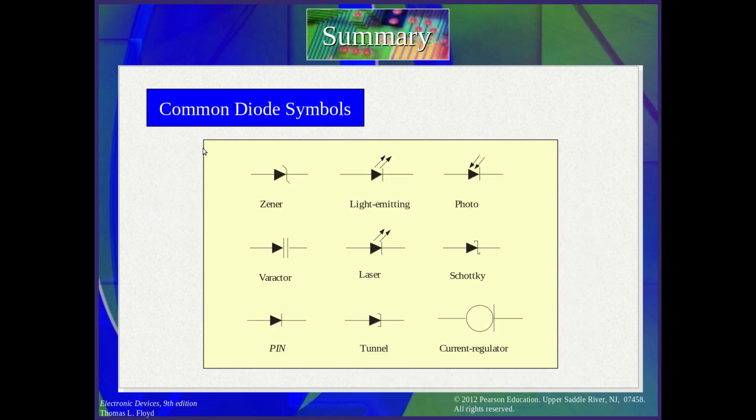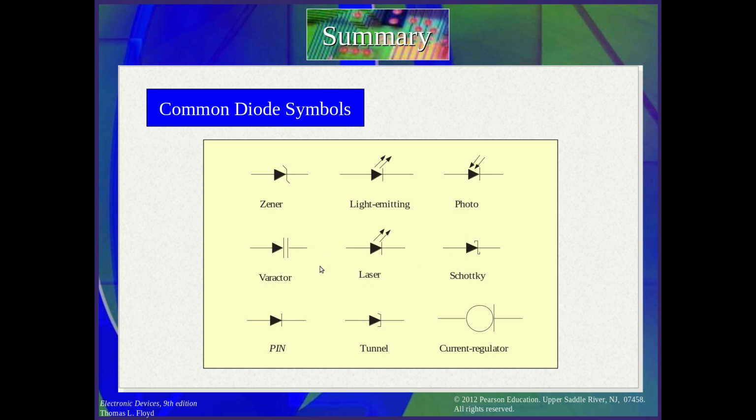So these are the common diode symbols. This is the Zener, this is the light emitting diode, which emits, and this is the photodiode, which receives. This is the laser, similar to the LED, and the Schottky diode is different.